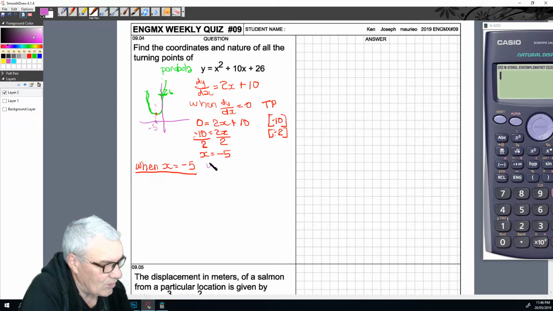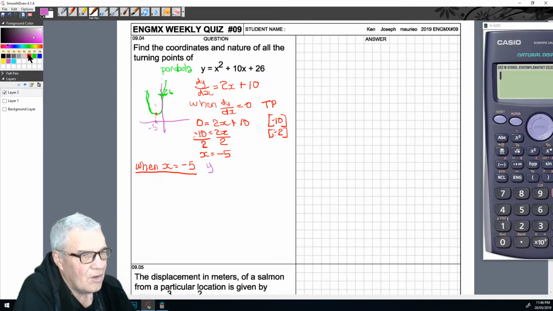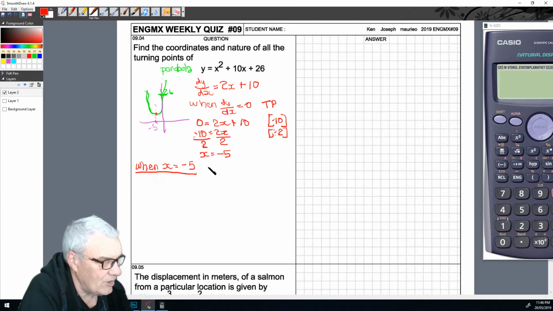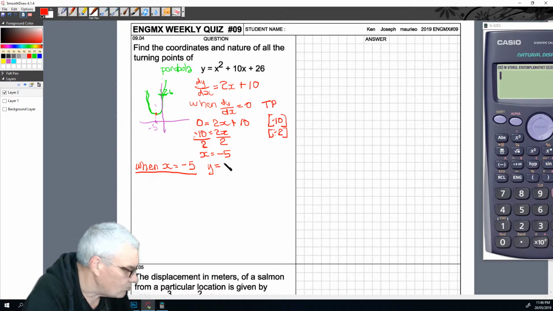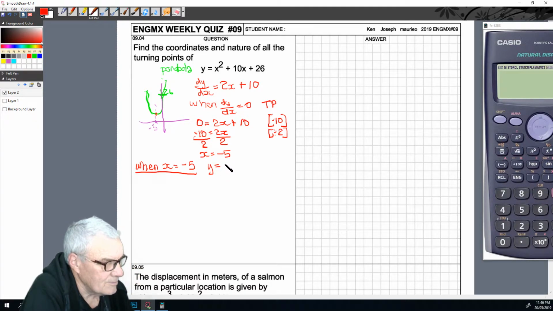When x equals -5, y equals -5 squared plus 10 times -5 plus 26.